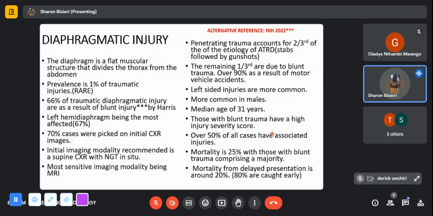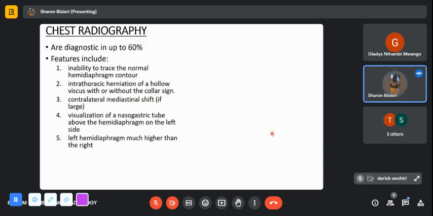These blunt injuries, despite being less common, have a higher severity score and a higher mortality rate. Over 50% of diaphragmatic injuries have associated injuries, so it's good to be on the lookout for that. And mortality from delayed presentation is around 20%, which means that a majority of these diaphragmatic injuries are caught early. So that's a good thing.